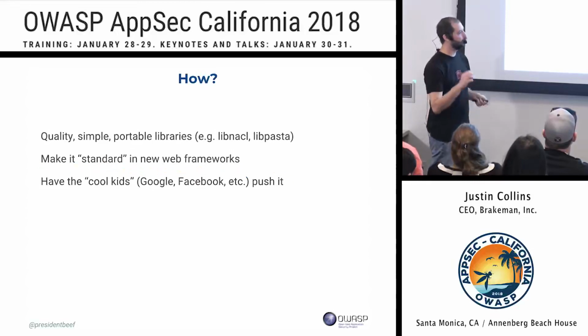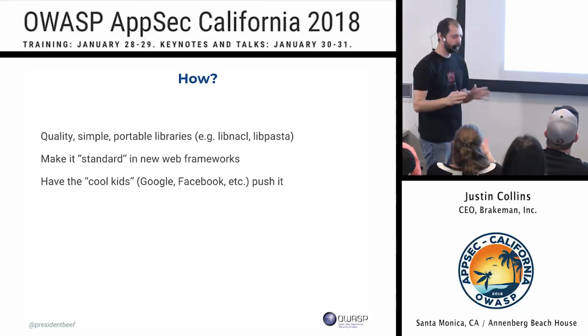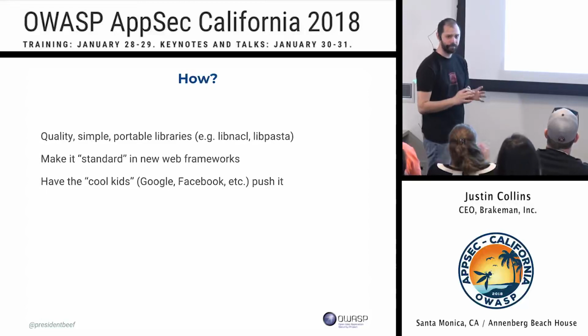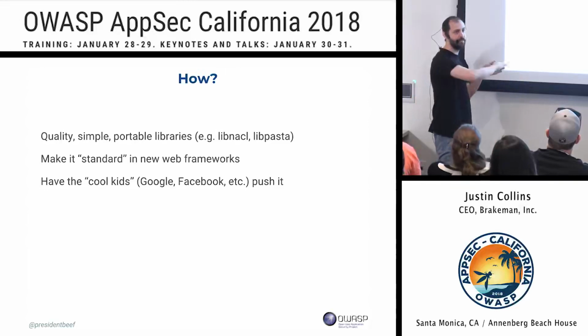I think there's a really good model with the libnacl and the libpasta library that came out recently, where people spend a lot of time building a secure by default library that does the right things, that's simple in terms of its interface, and then everyone else just wraps that library. I think that's a really cool model because you put all the effort in one place and then everybody benefits.